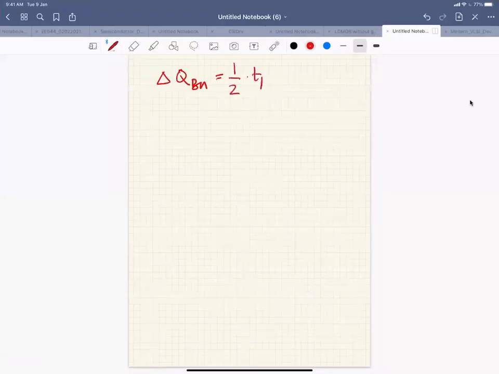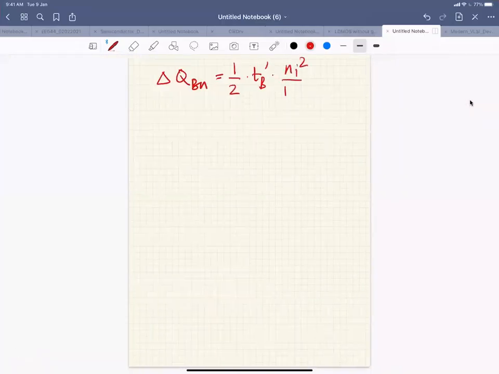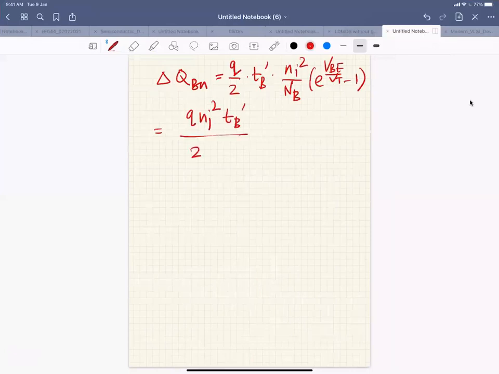Base is TB dash, and the height is Ni square by NB times e to the power Vbe by Vt minus 1. For total charge I have to multiply by Q, because these are excess electrons and the charge of an electron is Q. So basically the total charge is Q Ni square TB dash divided by 2 Nb, times e to the power Vbe by Vt minus 1. This is the excess charge, right?